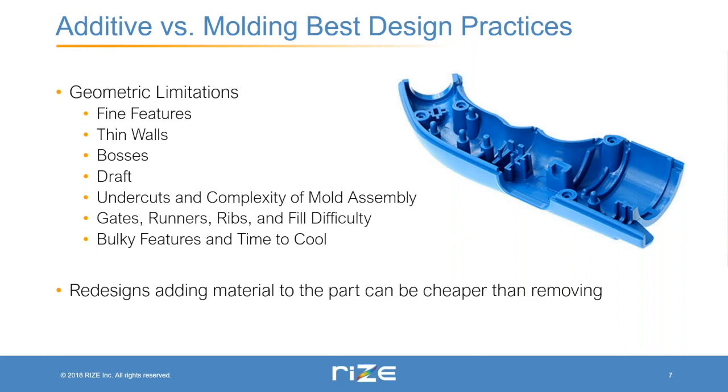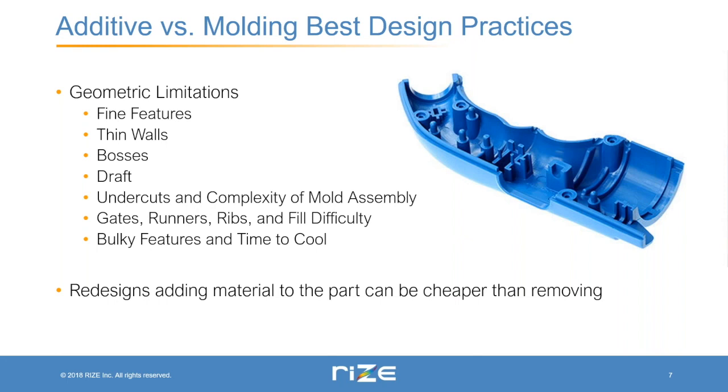Molding thermoplastics can typically allow you to produce very narrow walls and very fine features, and it's able to do this because it doesn't have any limitations on the width of a nozzle or things like that. It's injecting the plastic directly into the mold cavity and filling out any space that's inside.